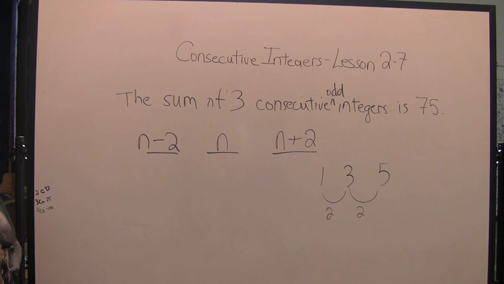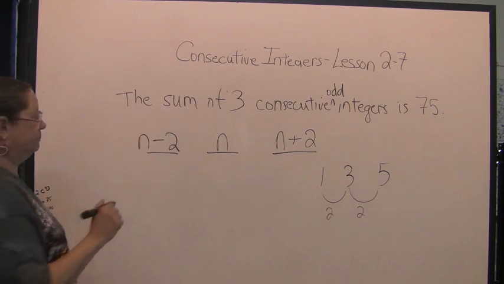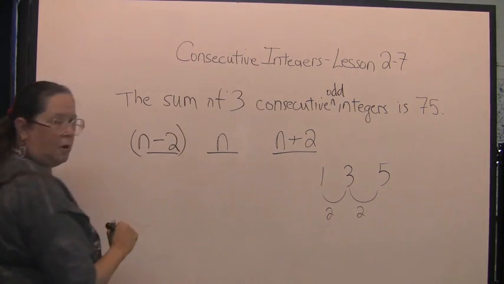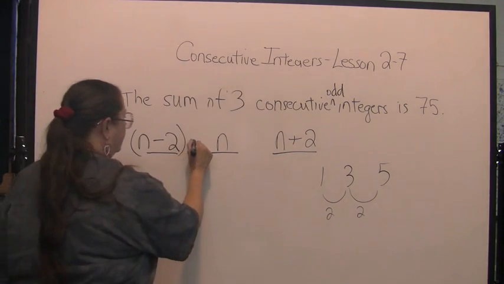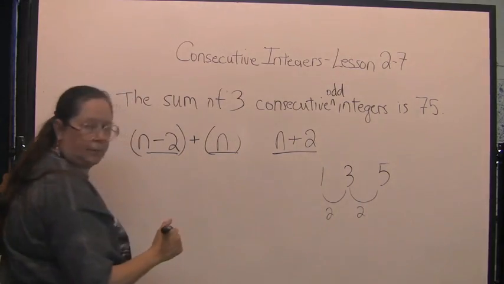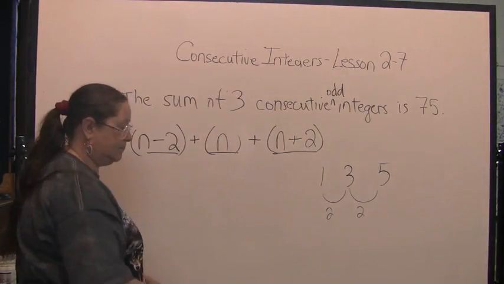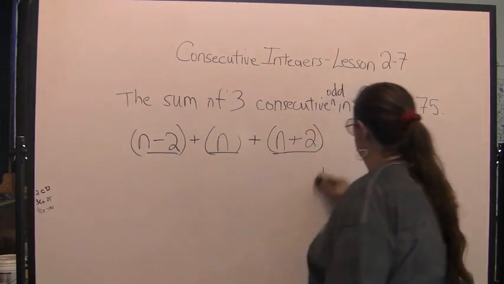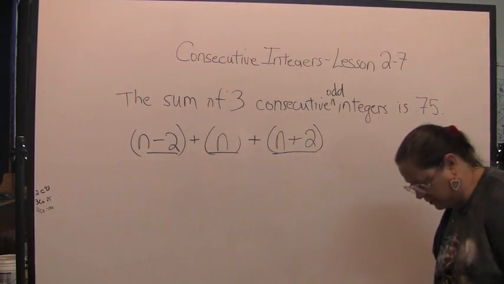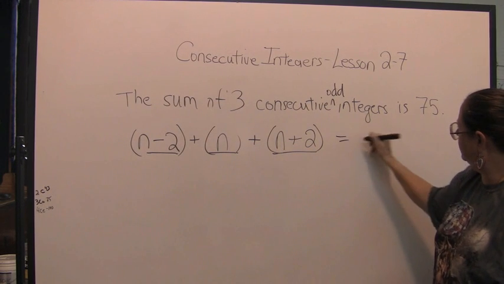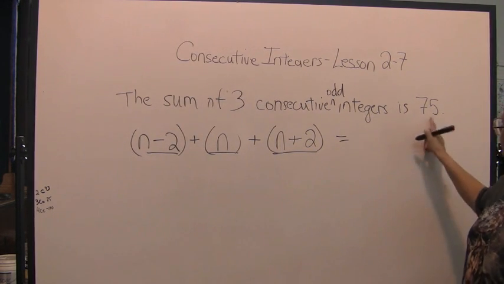Okay? Now, when I add those together, because it says sum, so there's my smallest number, there's my middle number, there's my biggest number. When I add those together, it says is equal to 75.